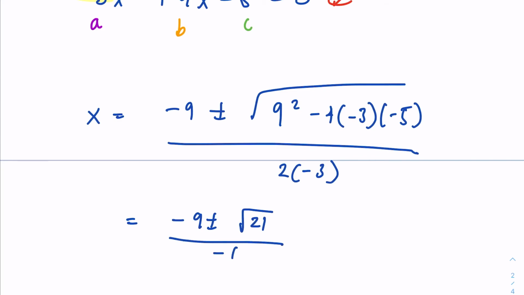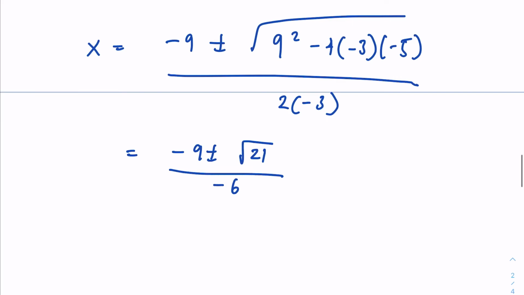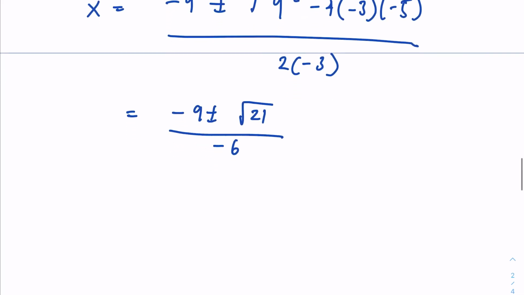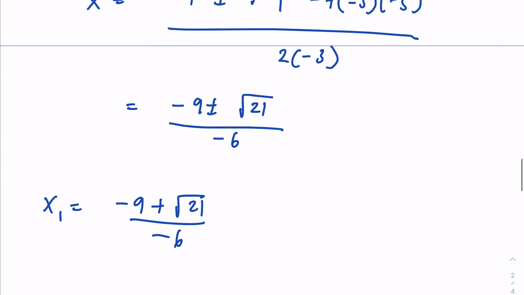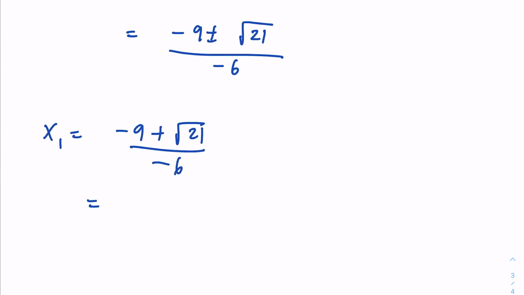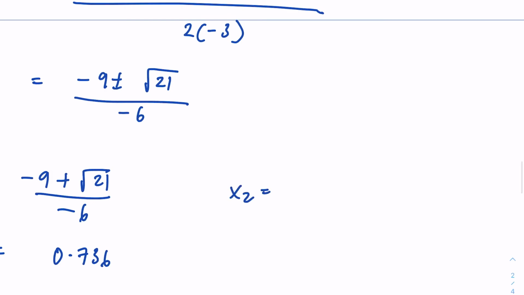In this case, since you have a plus and minus, you have two equations. The first equation, x1, is minus 9 plus 21 over minus 6, and this will give you 0.736. And for x2, you will get minus 9 minus 21 over minus 6, which gives you 2.26.